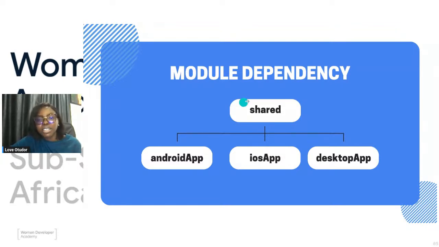This shared module builds to a basic Android library for the Android module, and it's going to be like a CocoaPods dependency for your iOS app when you open your iOS project on Xcode, and for your desktop app, it's going to build like a normal library.